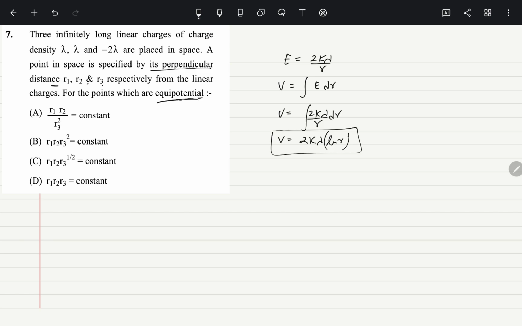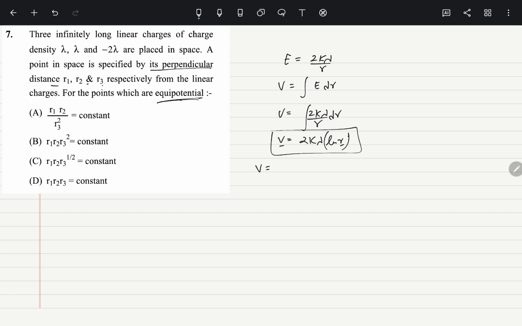So this is the generalized form of the potential, 2k lambda ln r.